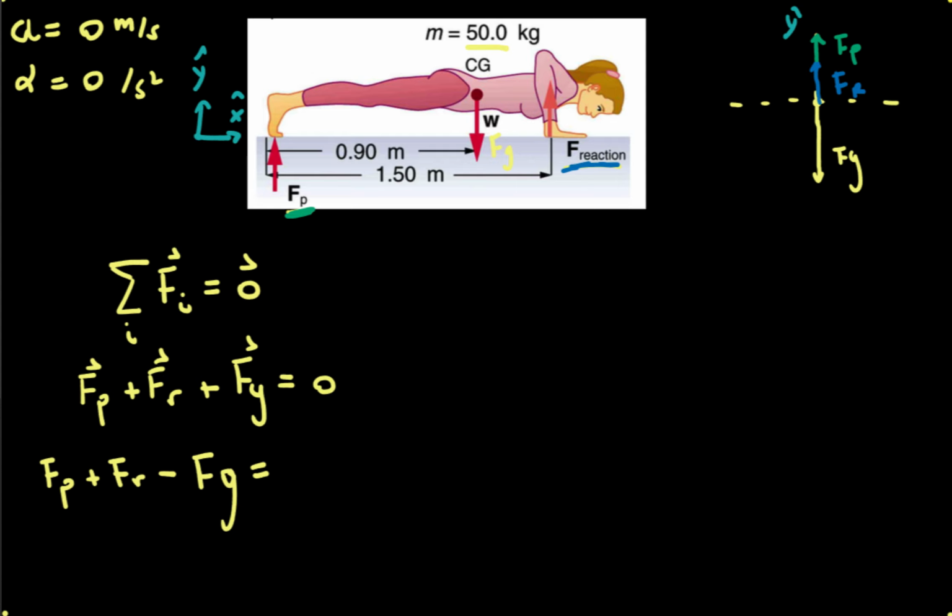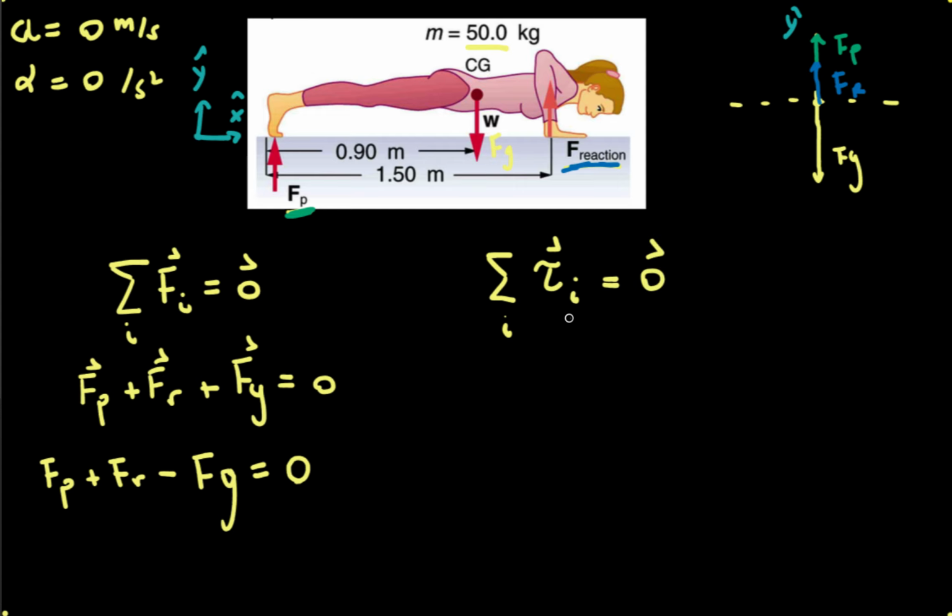So what we're going to do is we're going to use an additional equilibrium condition. This body is free to rotate, and when that happens, for equilibrium to be achieved, all of the torques must also be set to 0.